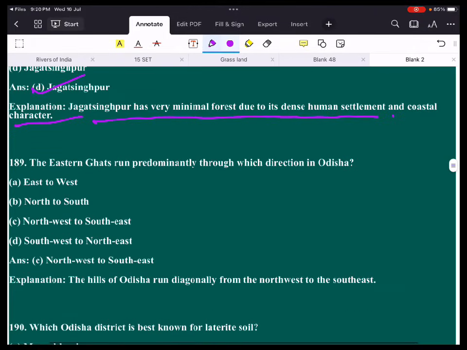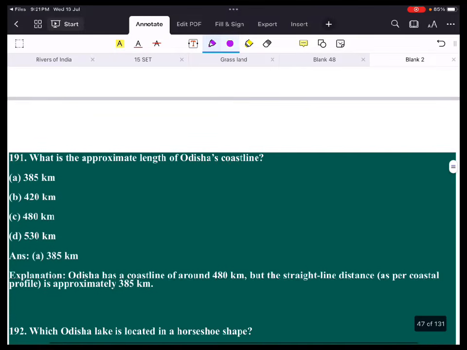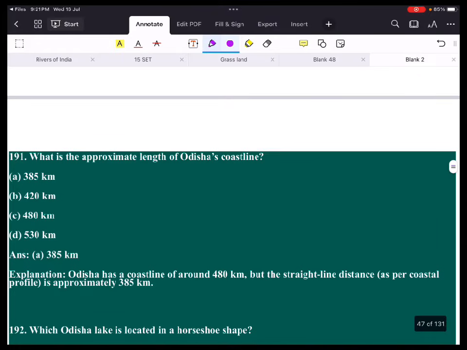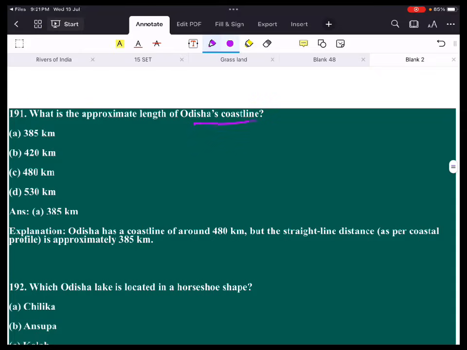The Eastern Ghats run predominantly in which direction in Odisha? That is option C, northwest to southeast. Which Odisha district is best known for its laterite soil? That is option C, Kalahandi. What is the approximate length of Odisha's coastline?